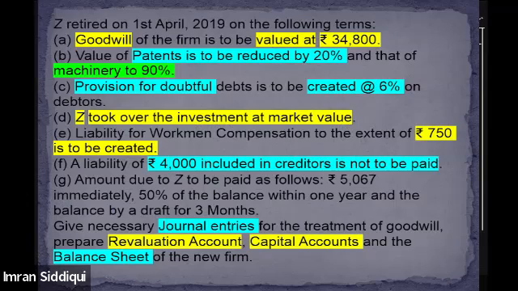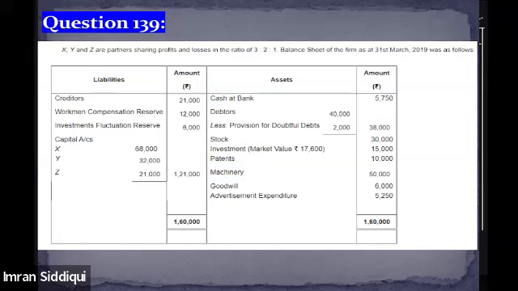All right, so that means the amount of workman compensation reserve will be reduced by 750. So 12,000 minus 750, the remaining balance is 11,250.